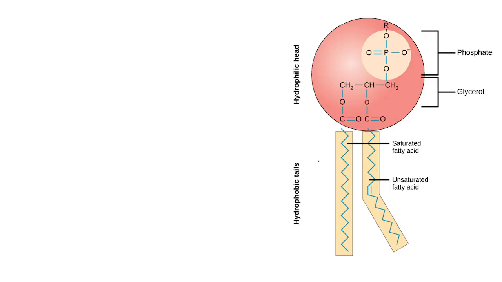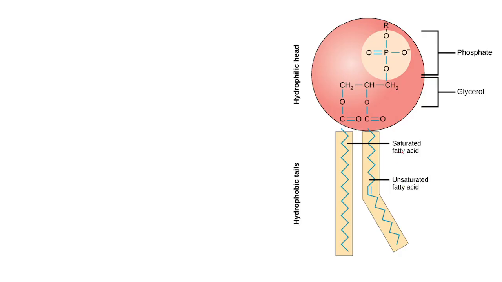Then one thing that you need to understand is that in phospholipids there are two types of fatty acid. Normally it will exist as saturated fatty acid and unsaturated fatty acid.